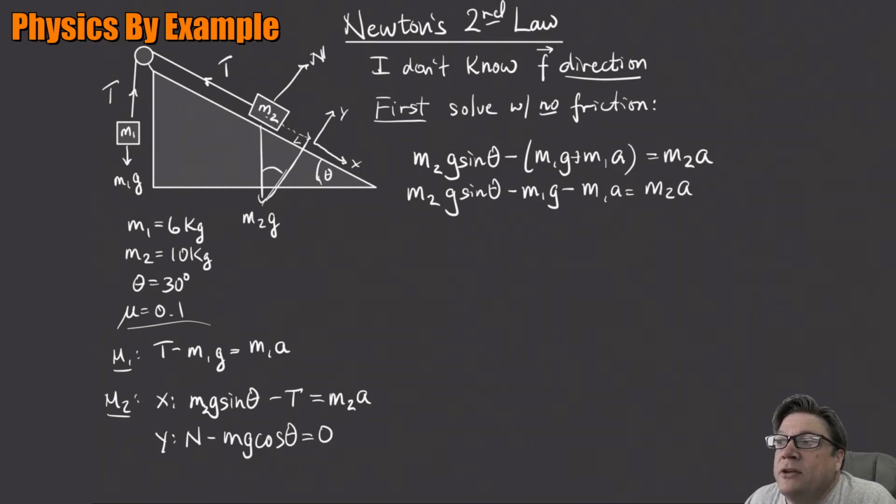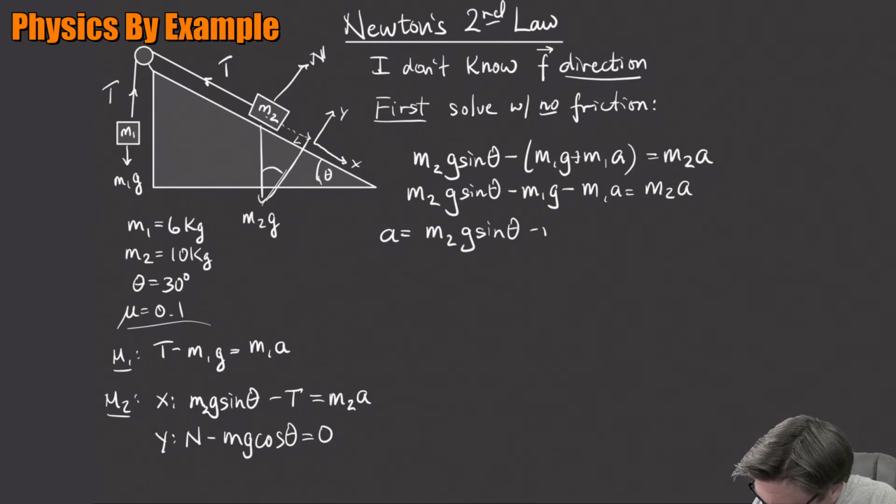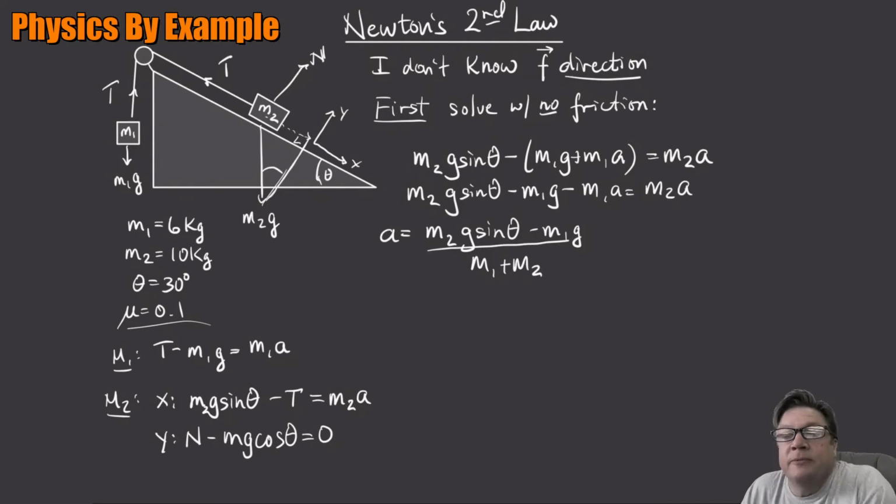Okay, so now I can solve for a. Just bring the a term over, and let me skip a step or two. So this is going to be m2g sine theta minus m1g, divided by m1 plus m2, when you do the algebra. Neat.